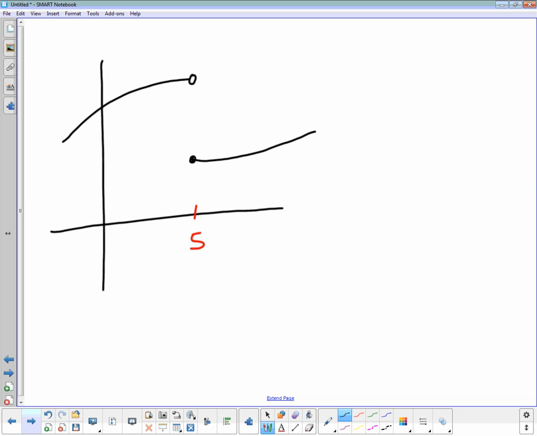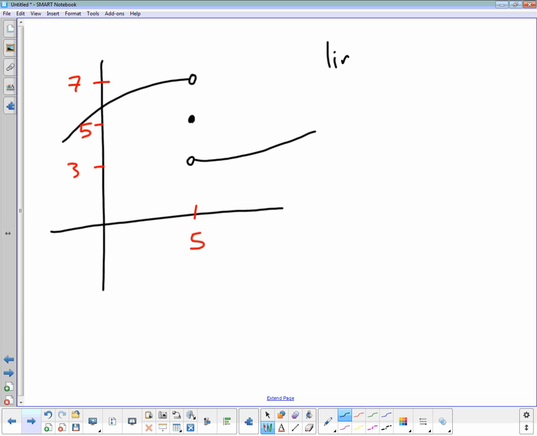Does that make sense? In fact, I'm going to modify this just a tiny bit and play with it even more. Let's call that 6 and 5. If I approach 5 from the left, the value would be 7.